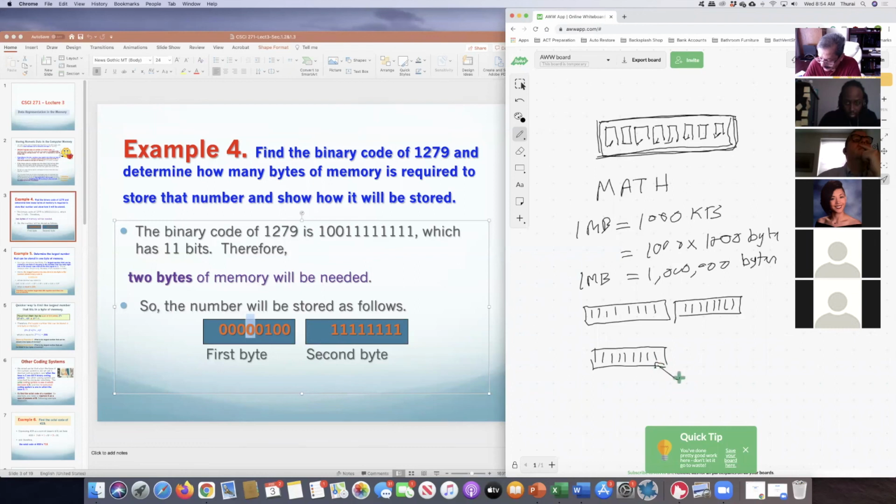The last one represents 1 times 2 to the 0, and the previous one represents 1 times 2 to the 1, and so on. All of them have 1 times 2 to the power. So what is the power for this first bit, 1? 2 to the power of 8.